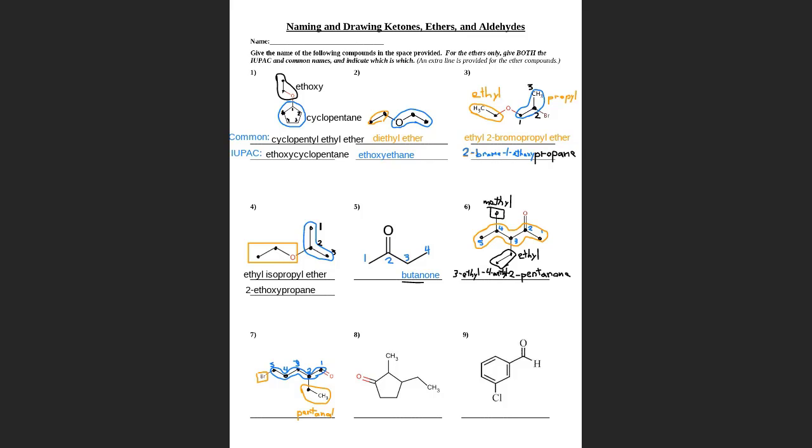In that case, I'll just add my branches, and this will be 5 bromo, and then 2 ethyl.